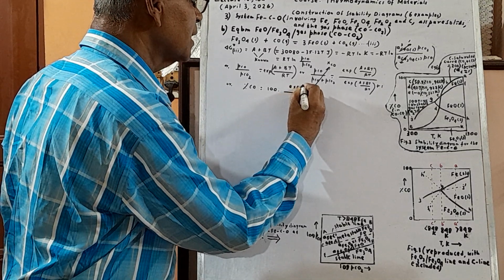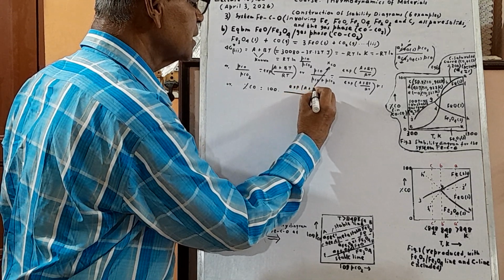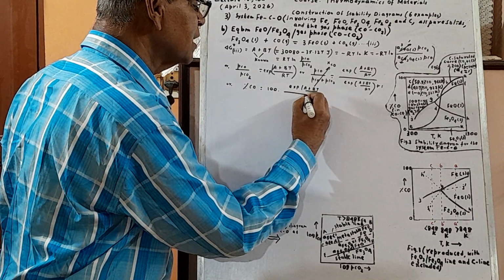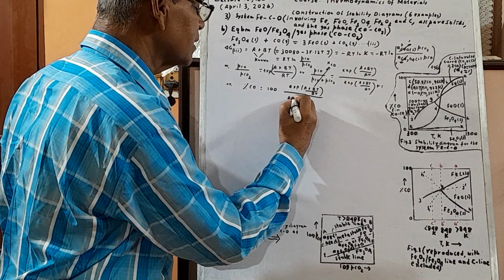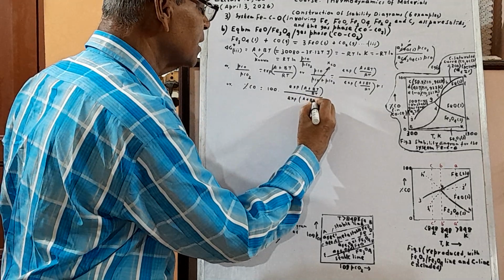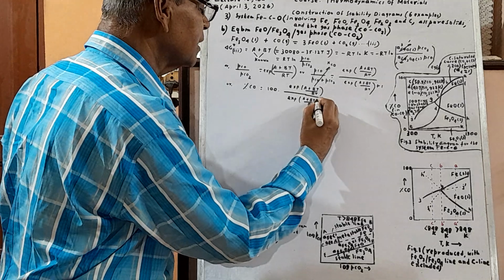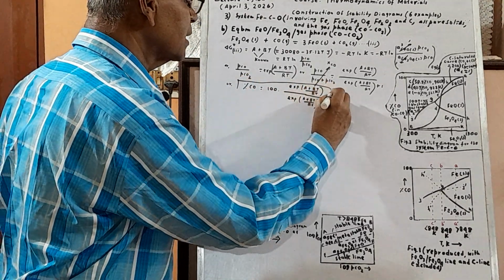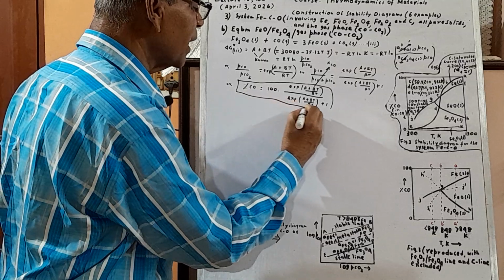That is 100 times exponential A plus BT by RT over exponential A plus BT over RT plus 1, as you see. You box this. This is the important finding.